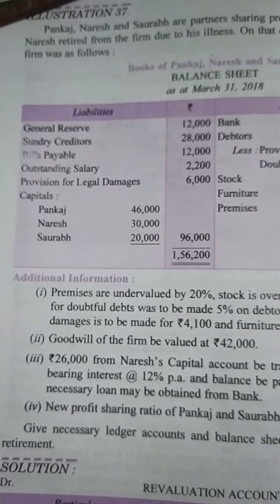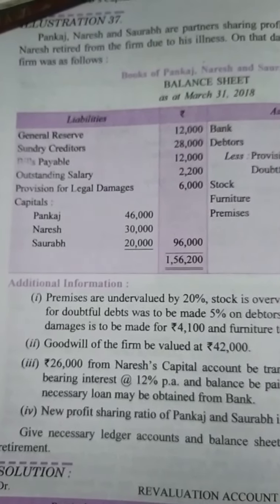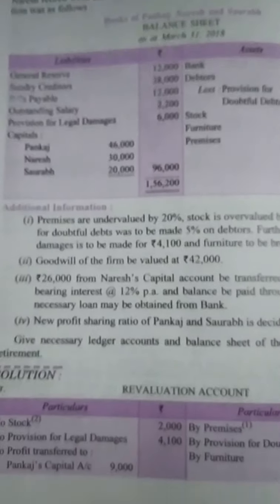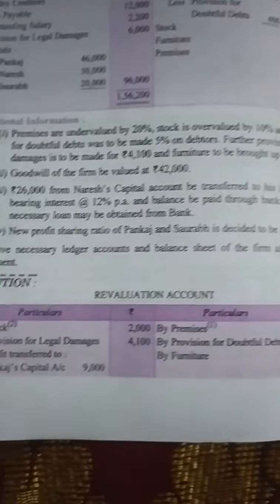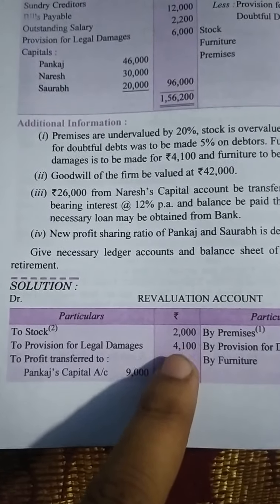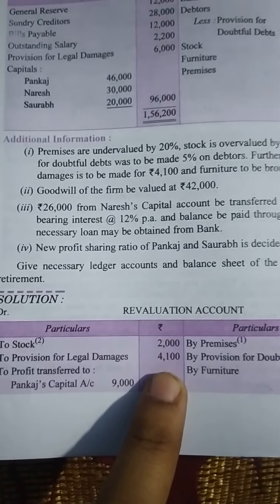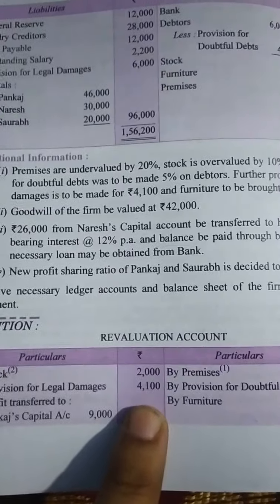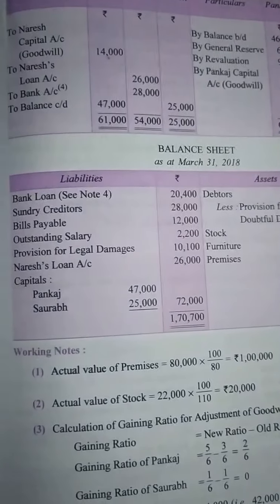Provision for legal damages: one item related to provision for legal damages is there in the revaluation account, 4,100. The liability is increasing. So add this amount to 6,000, you will get 10,100 rupees.